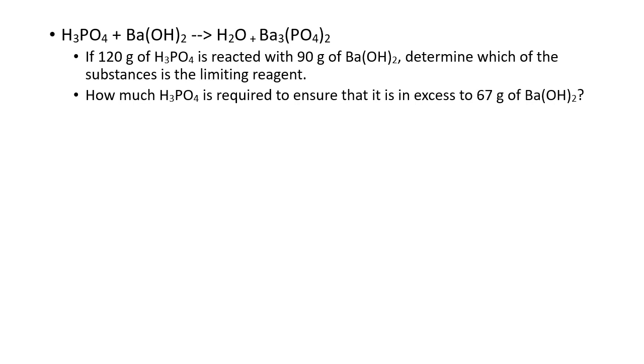Here we have the balanced equation: 2, 3, 6, 0, or 1. So we have the number of moles of H3PO4 initial. It's going to be 120 over 97.994, which would be equal to 1.22 mole.